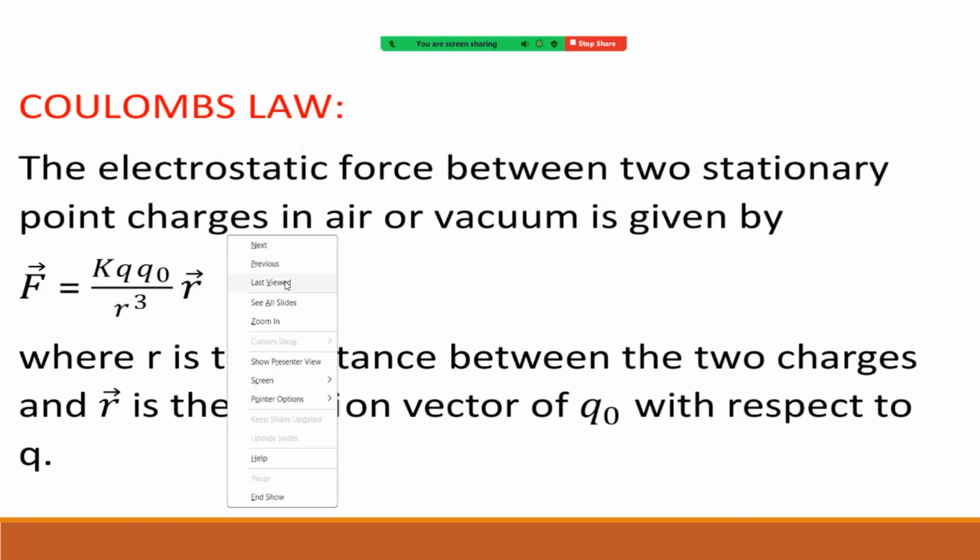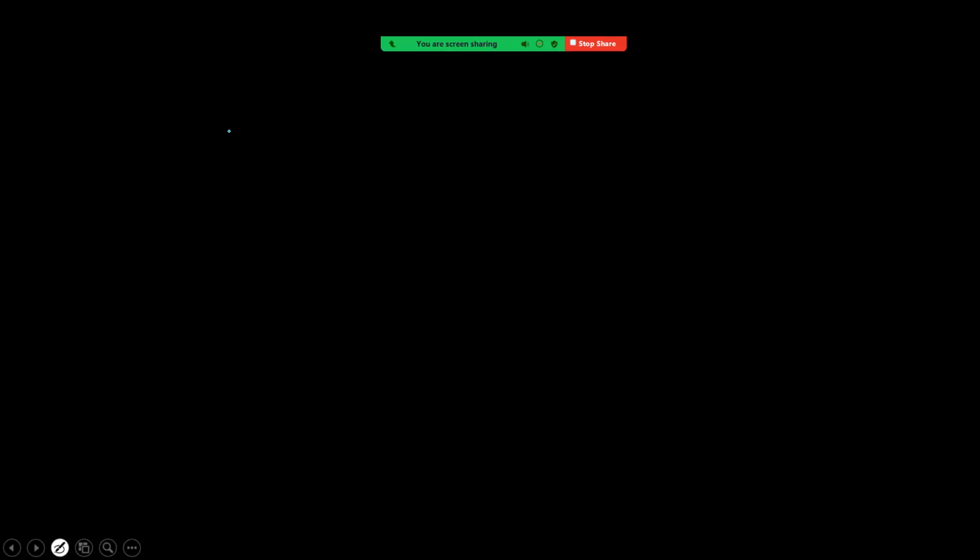This is the explanation part. Here we are focusing on the force of attraction or repulsion between two charges, and that is given by Coulomb's law. We are taking two stationary point charges in air or vacuum.